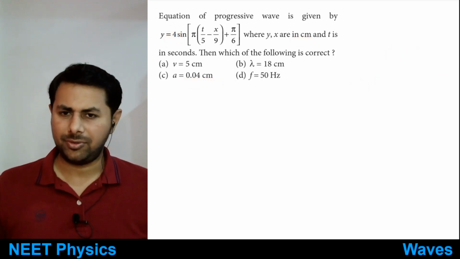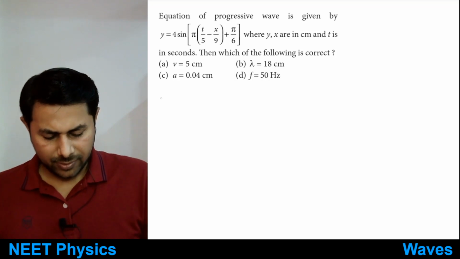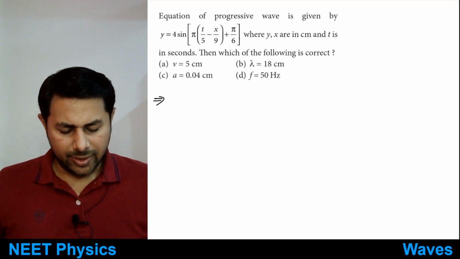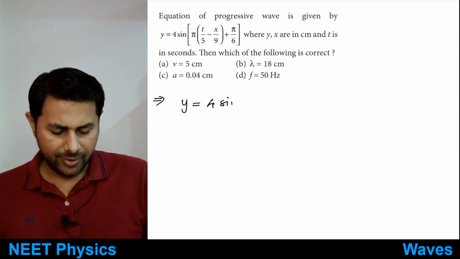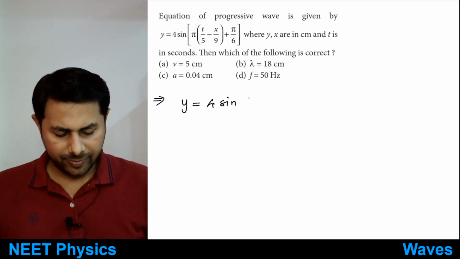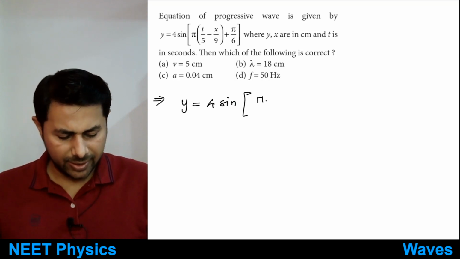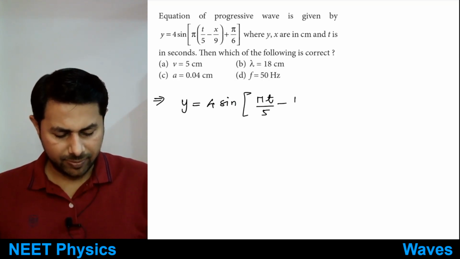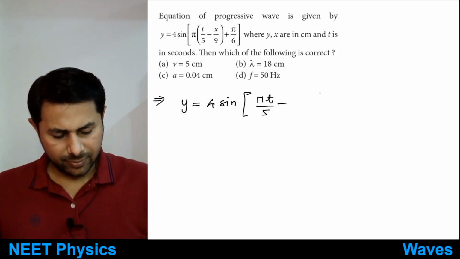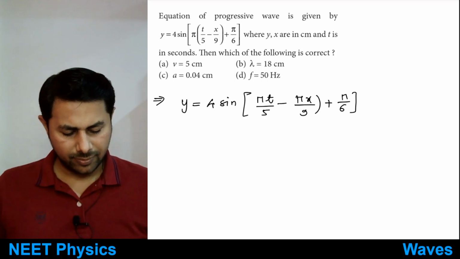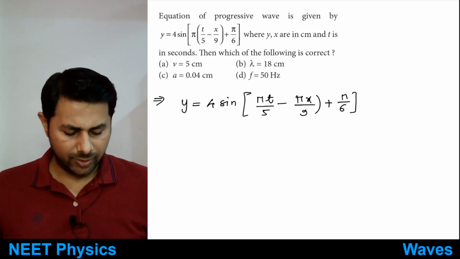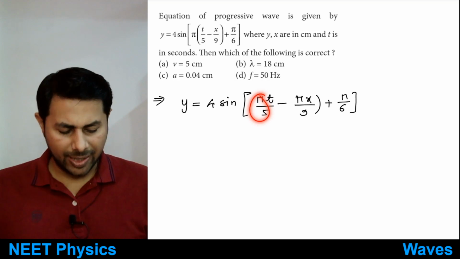Okay, the other things we need to check. So again, let's compare this one. Let's rewrite this as 4 sine of, take that pi inside, okay. So it becomes pi t by 5 minus pi times x by 9, plus pi by 6, okay. So therefore, what would be your omega t or 2 pi nt?